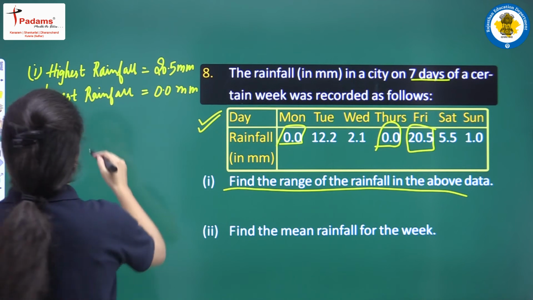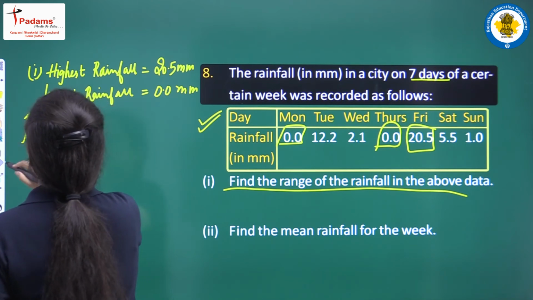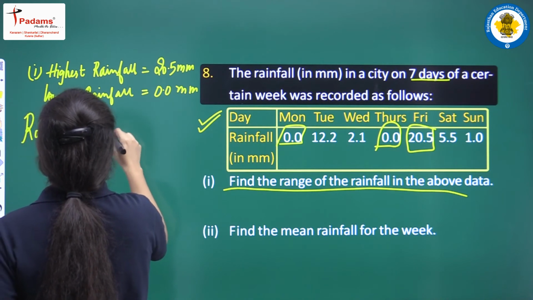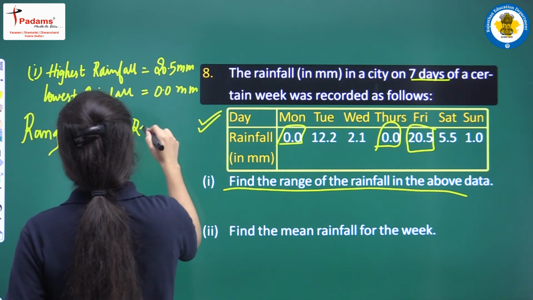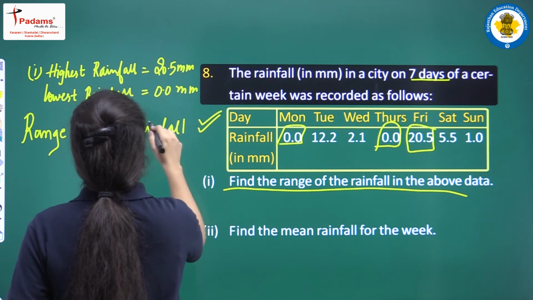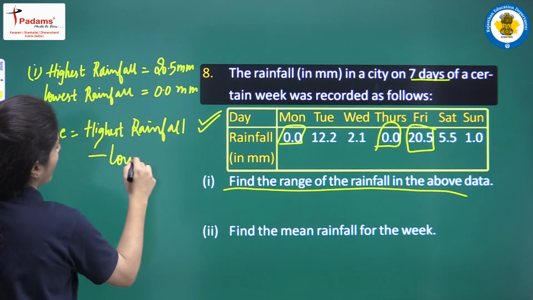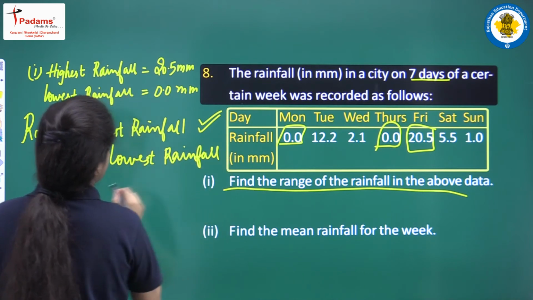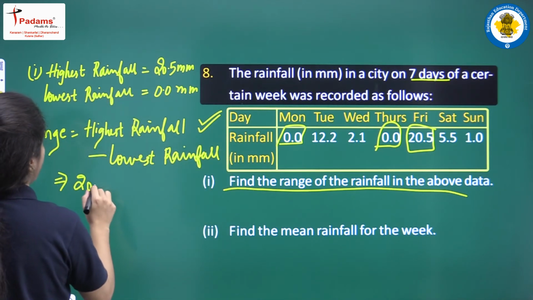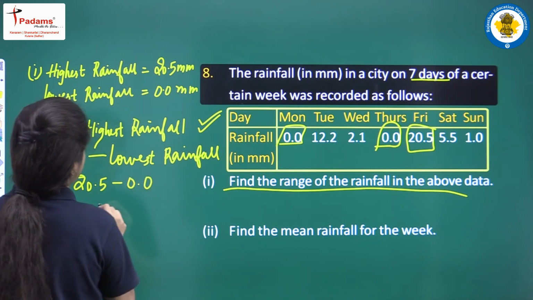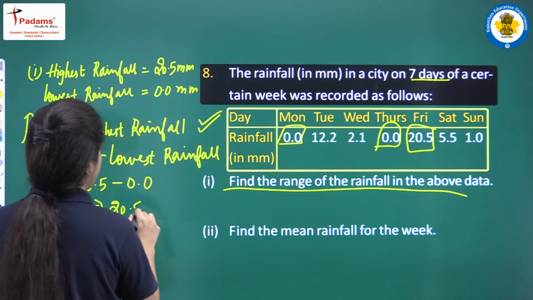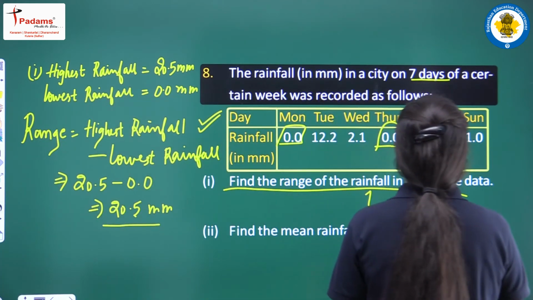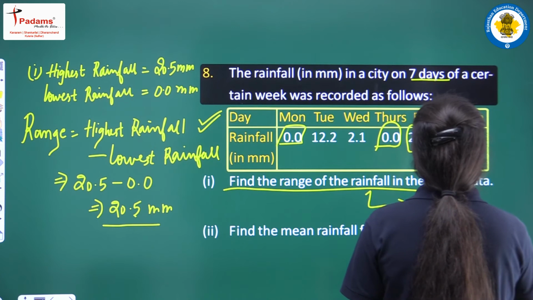Range is equal to highest rainfall minus lowest rainfall, that is 20.5 minus 0.0, which is 20.5 millimeters. Okay students, so the range of the rainfall in the above data is 20.5 millimeters.